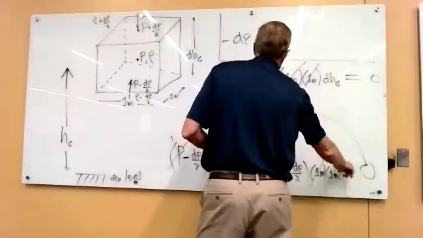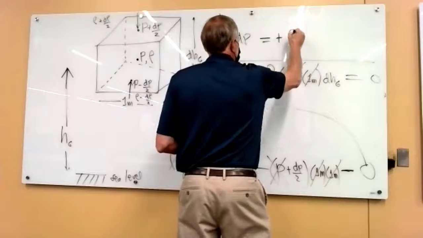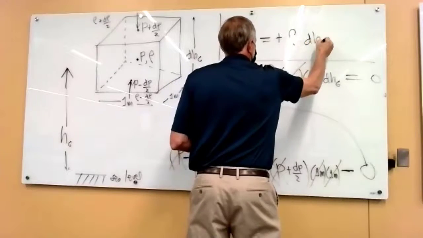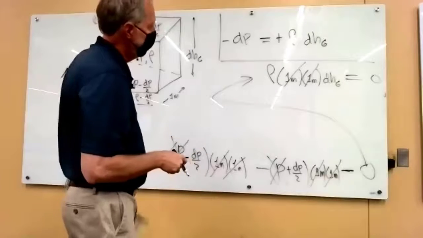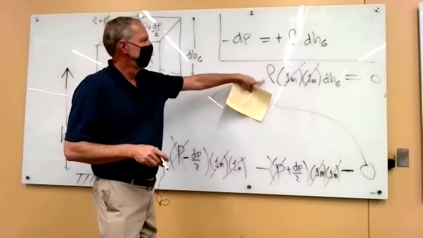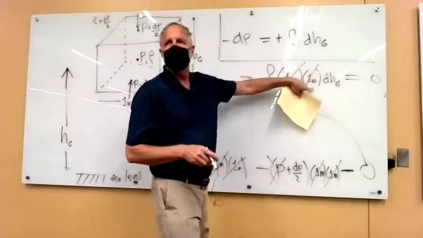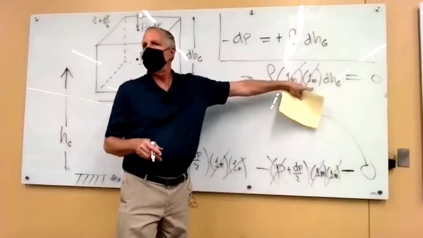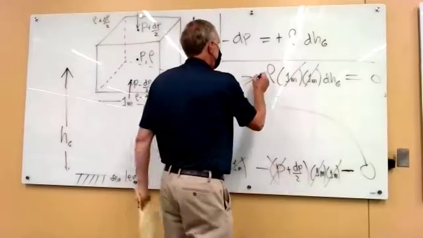So there's a minus here, so it's going to become a plus. Did I get everything? Oh, what did I forget? Is this the force? This is density times volume, so that gives me mass, right? How do I get gravitational force out of that? I got to multiply by g. I forgot that.